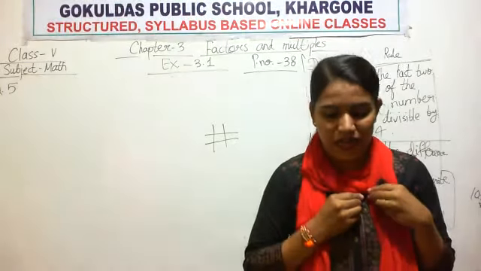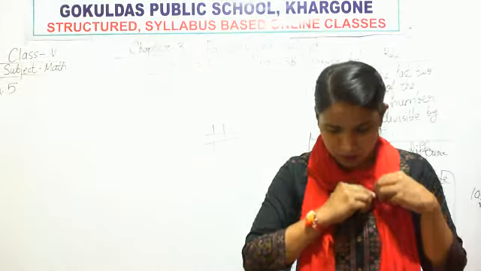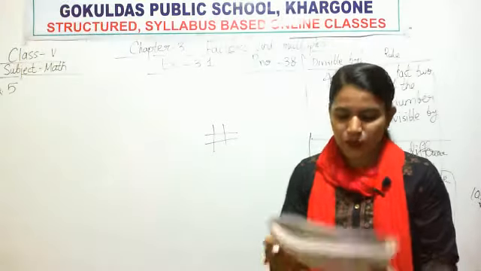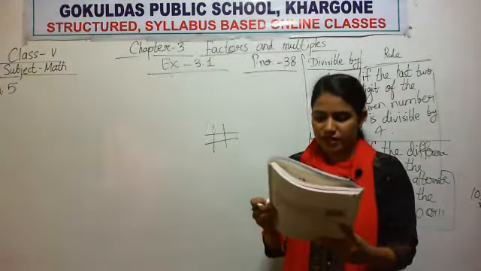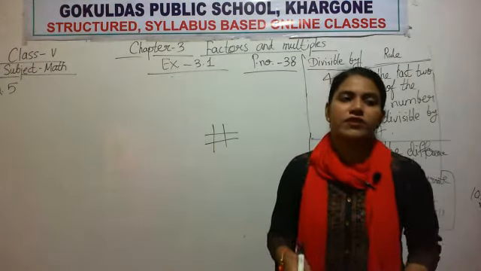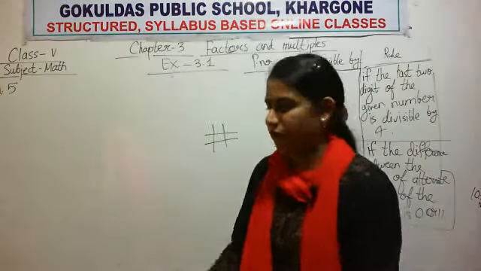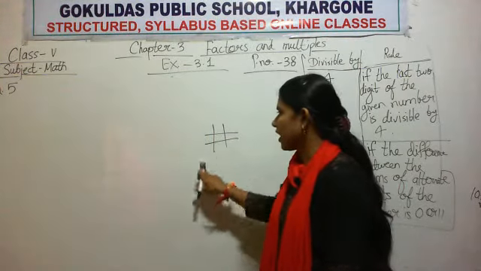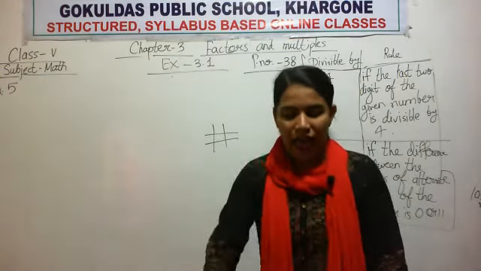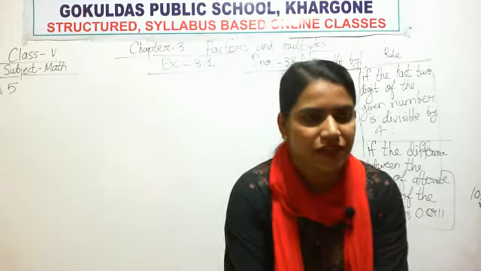So replace the hashtag in the number 187 hashtag by the smallest possible digit, so that the number formed is divisible by 3. Okay, so you want to know what number will come at the place of this hashtag. You need to find the value of this hashtag.